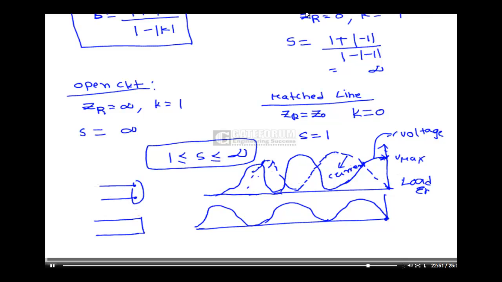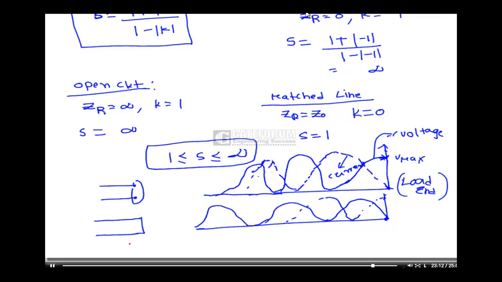Voltage is minimum means current is maximum. Wherever voltage is maximum, current is zero. This is the current pattern.